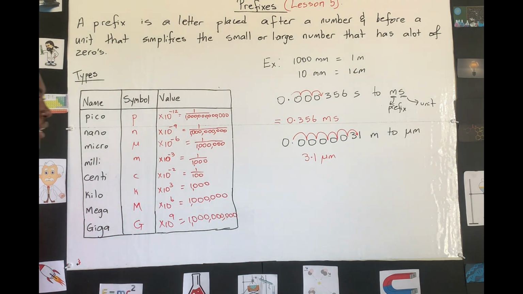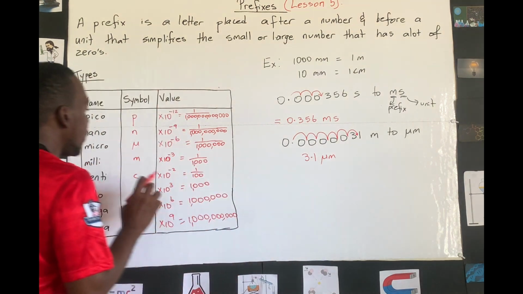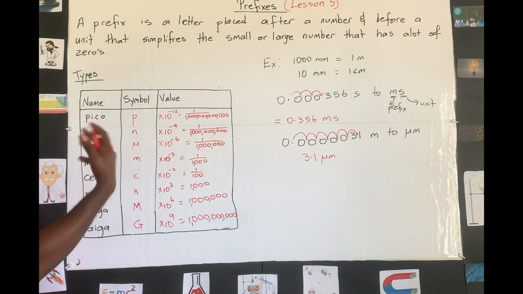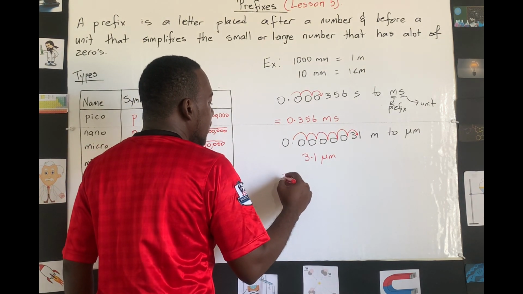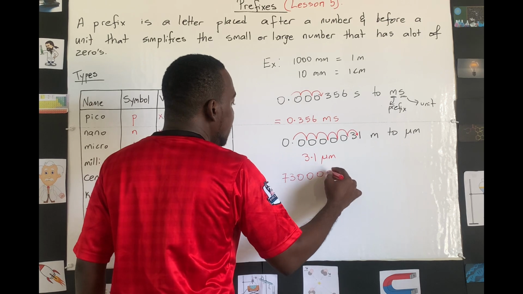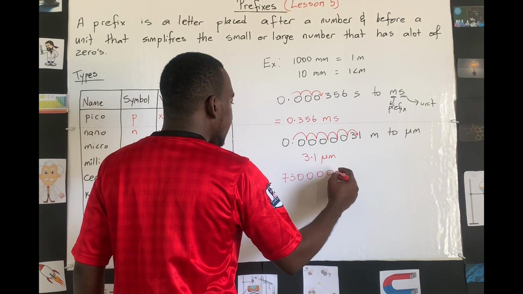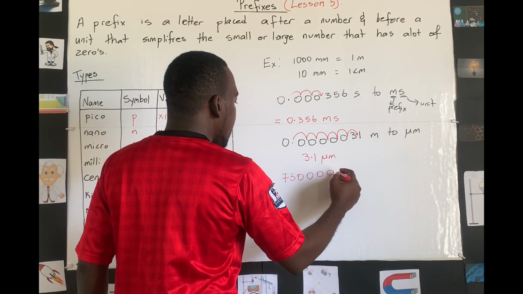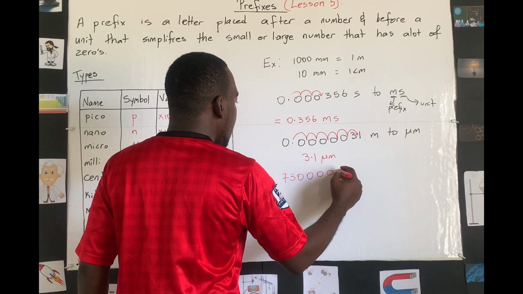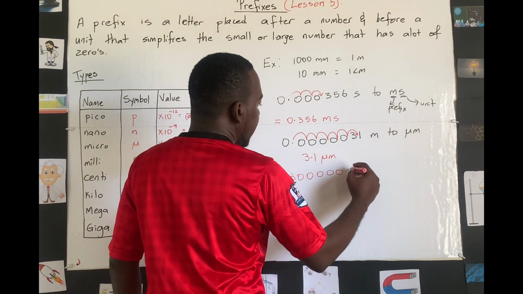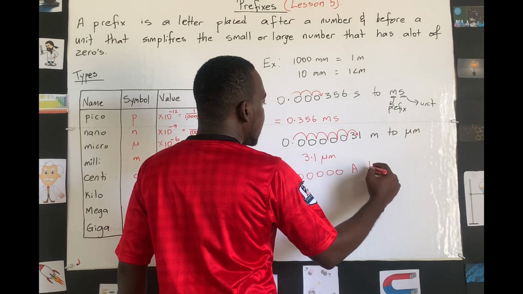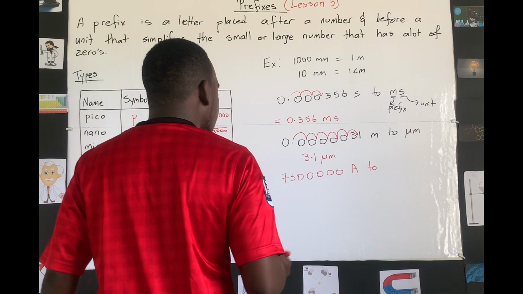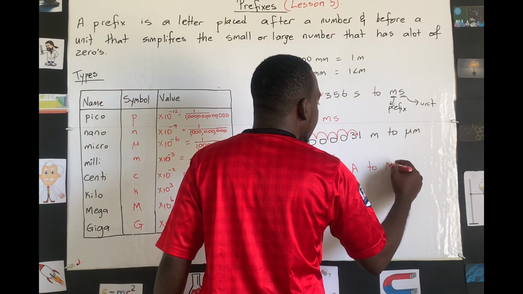Alright? Now, if for a negative prefix we go to the right, then that means if we have some numbers that have zeros at the back of them, right? And this is in, let's put it in amperes, and we need to convert this to mega amperes.